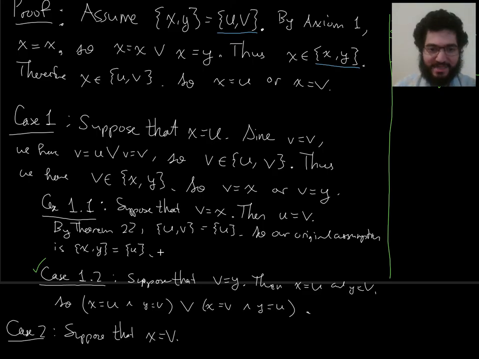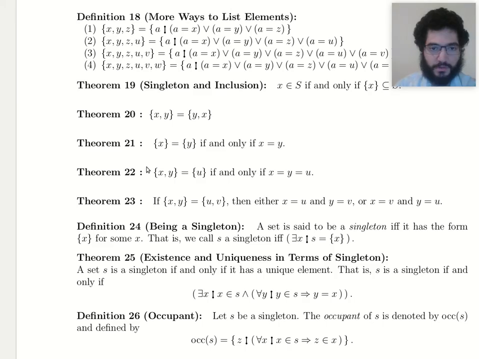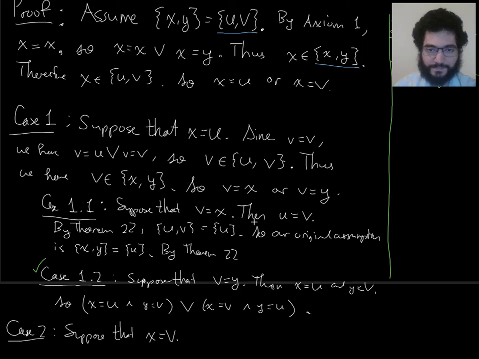So we're using Theorem 22 again, but notice the direction. Theorem 22 is an if and only if. Up here, we had a doubleton where both of the things inside the doubleton were equal.